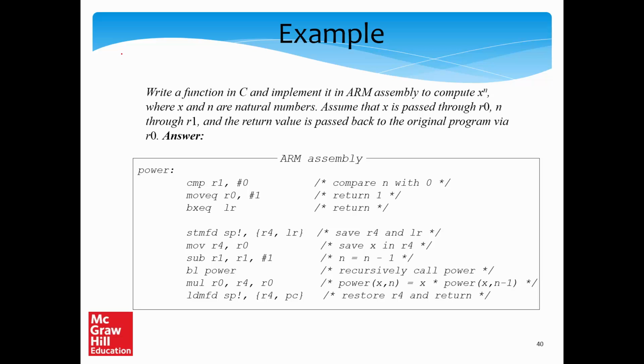So essentially, we have a function of the form power(int x, int n). We first want to check if n is equal to 0, we would return 1, because any number to the power 0 is 1.